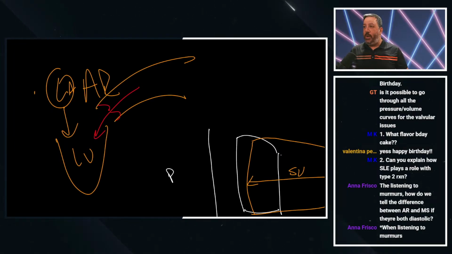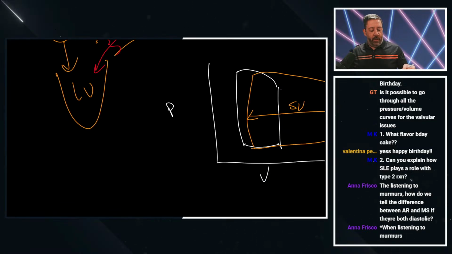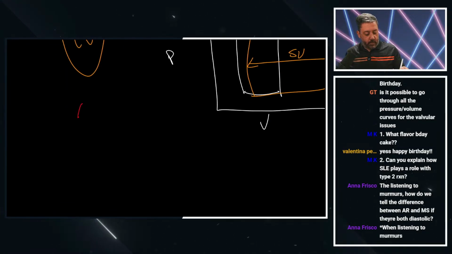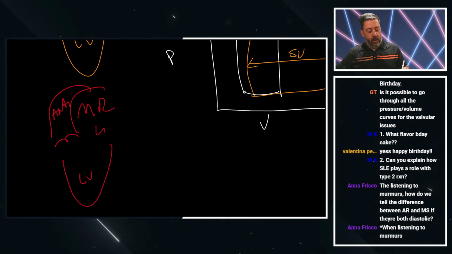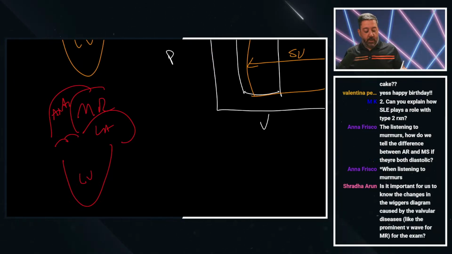With mitral regurg, when the heart is squeezing, there's our aorta, left atrium. With mitral regurg, all the blood should go out to the aorta because normally the mitral valve should be closed.